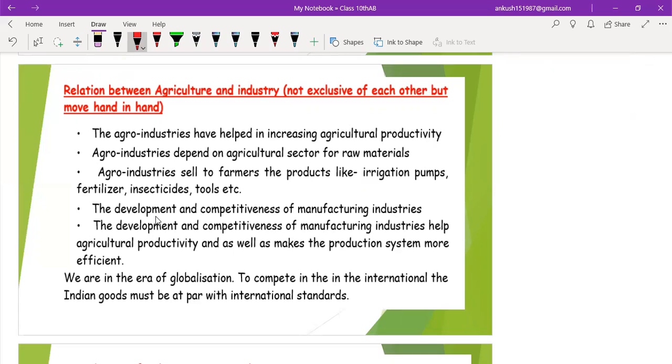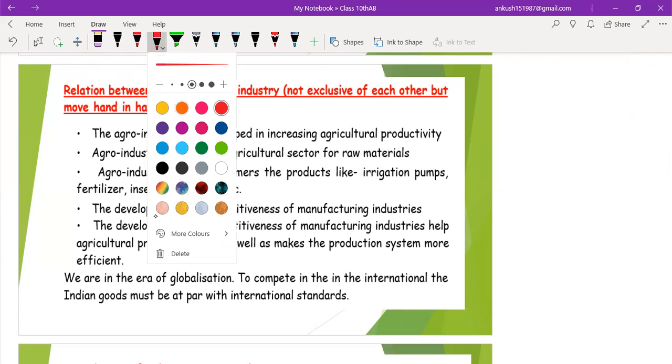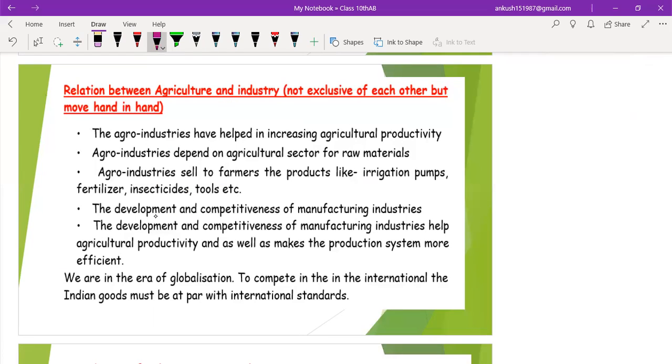So what is the relationship between agriculture and industry? They are not exclusive of each other, but move hand in hand.